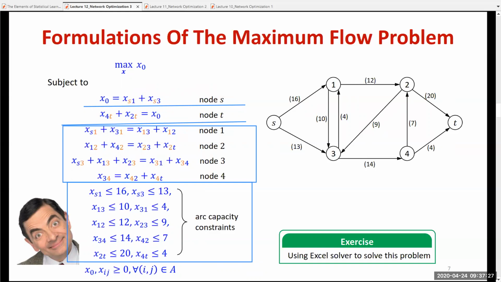And finally, you have x0 and xij greater than or equal to 0, of course, because the flows are non-negative.